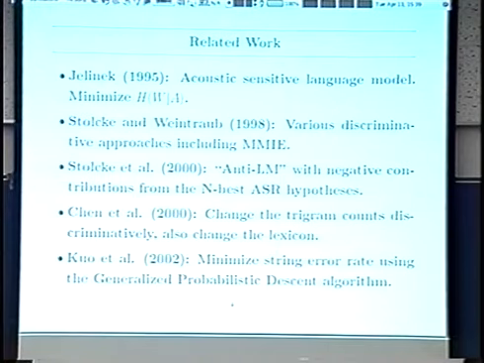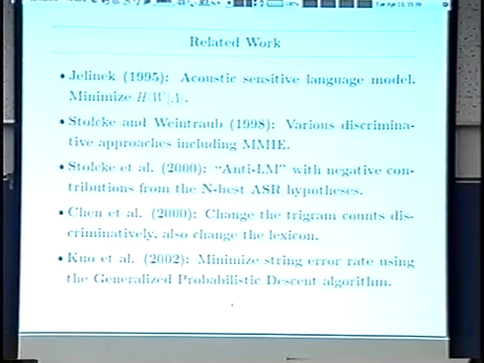But this had mixed results and didn't really seem to improve anything. Stolcke later on in 2000 had this idea of an anti-language model, which basically has the usual language model component estimated from the transcriptions, but also has this negative contribution from the n-best output. So the positive evidence and the negative evidence coming from the wrong hypotheses, if you will.